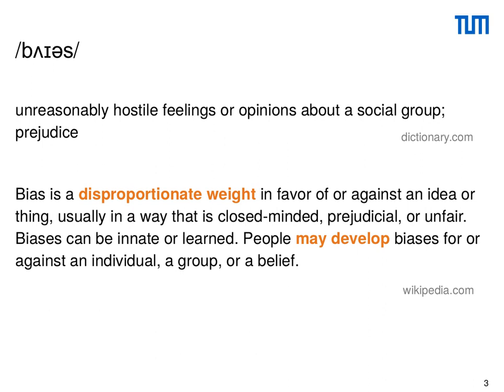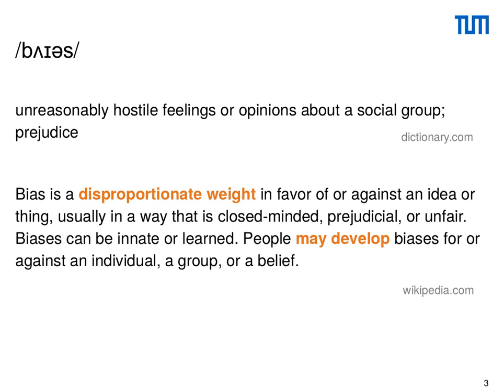So, of course, this is a motivating example of bias, of the bias in perception. But first of all, semantically, bias is an unreasonably hostile feeling or opinion about a social group, which is often similar to prejudice of some form. But when it comes to perception of individuals, bias is more generally a disproportionate weight in favor of or against an idea, or in favor of or against something.